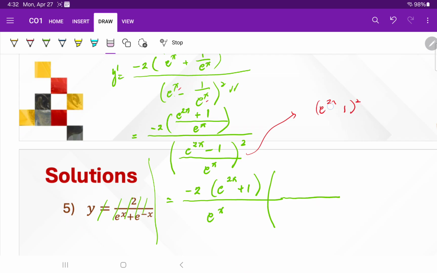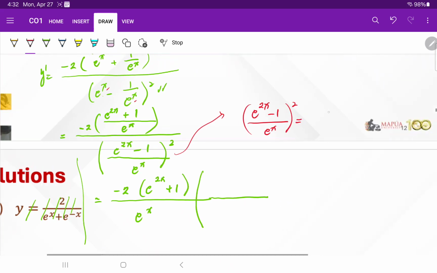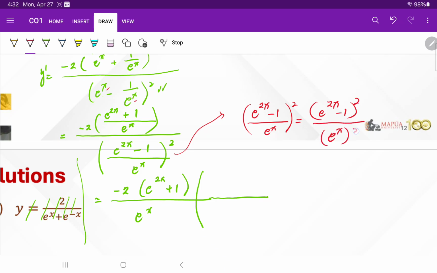Okay, hold on. Let's rewrite the entire thing. So we have e to the 2x minus 1 over e to the x, squared, right? So this gives you e to the 2x minus 1 squared over e to the x squared.